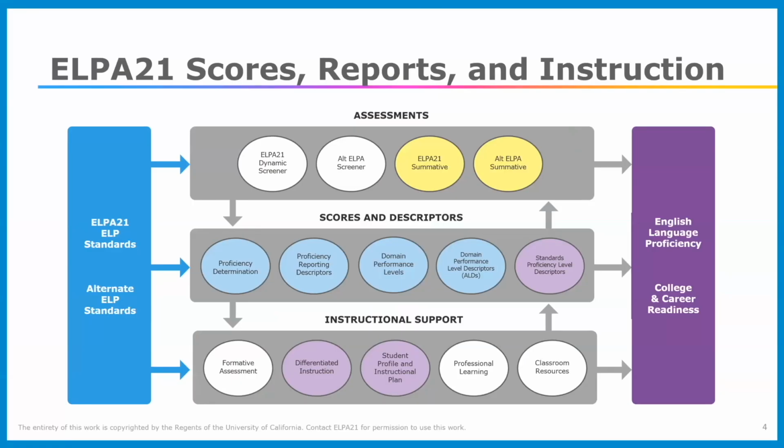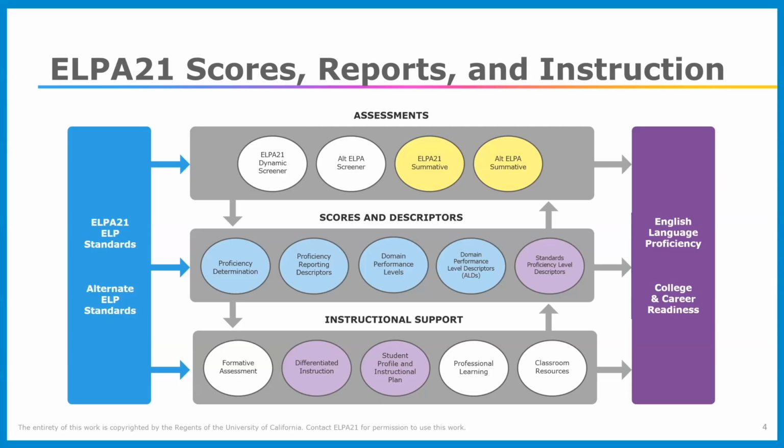This diagram shows ELPA21's cohesive system of assessments, scores, and instructional supports. Today, we are focused on the ELPA21 summative assessments, the ELPA21 general summative, and the ALT-ELPA summative. Those are the ovals in the diagram that are shaded yellow.